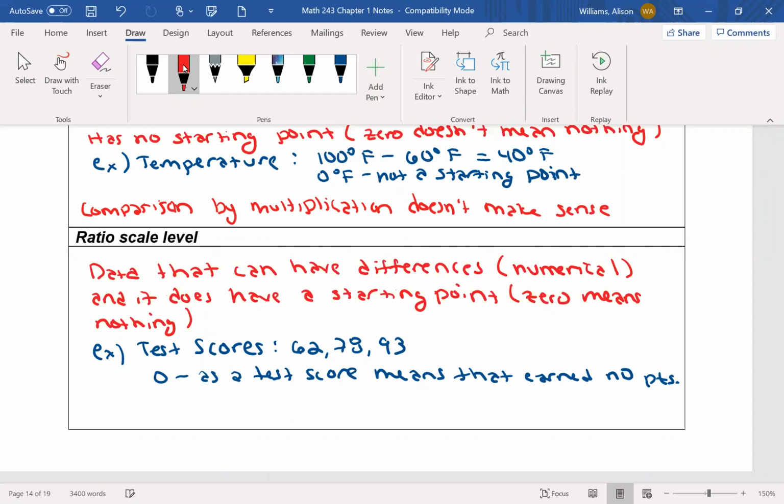Just to drive that home, 80 degrees is not 4 times hotter than 20 degrees. That makes no sense. But with test scores, that does make sense. In ratios, comparison by multiplication does make sense.